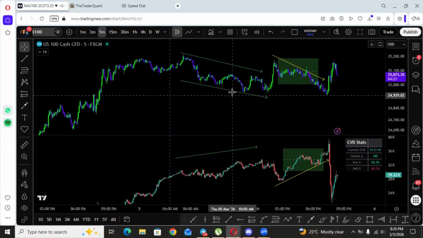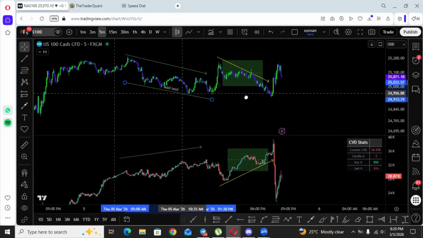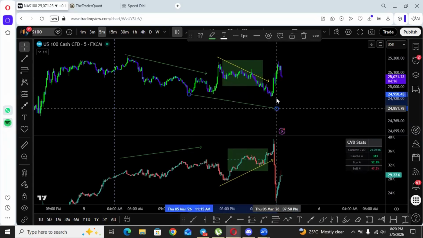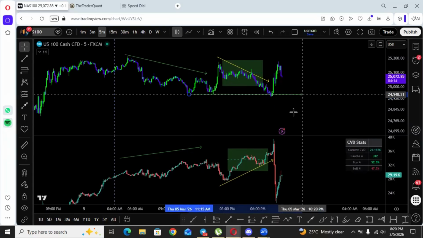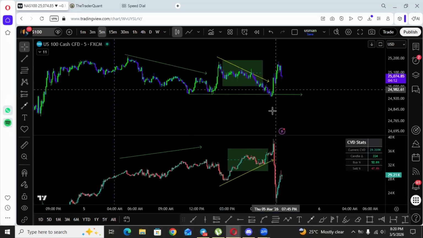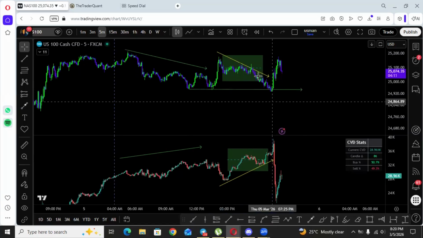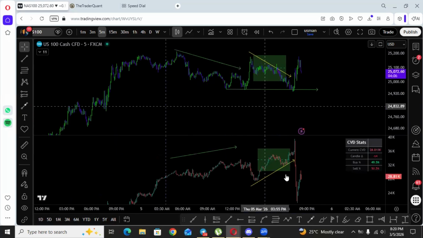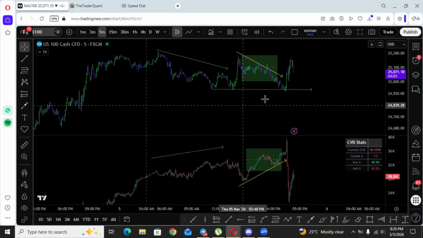If you trade ICT, either the market will sweep all these lows. So it swept these lows and went up. So you knew before the lows were swept that the market would go up. You just need to align all the confluences, align all the things.